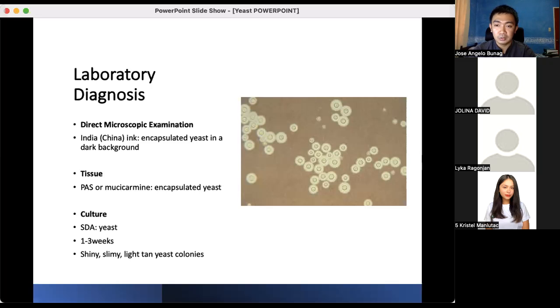You could also use GMS, the Gomori stain. Hematoxylin and eosin, and Southgate's mucicarmine stain. So these are alternative stains, but basically we prefer India ink.